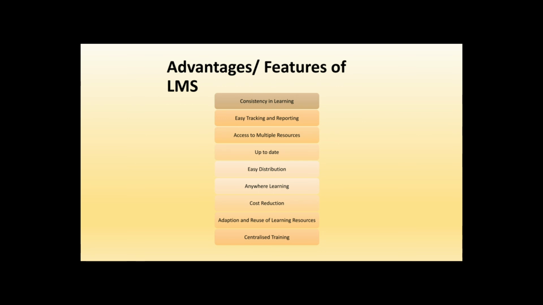Now, some of the advantages: there will be consistency in learning, and you can track students' progress. There are multiple resources; in an LMS we give audio resources, video resources, and teaching learning materials like text. It can be a Word text, a PDF formatted text, anything. So students get different types of resources for learning.